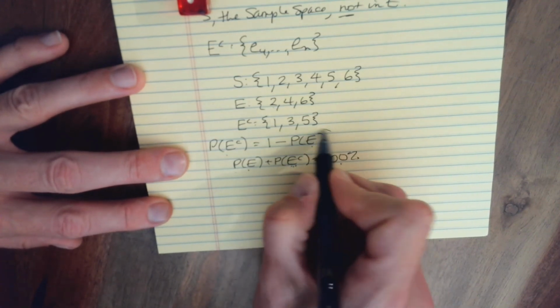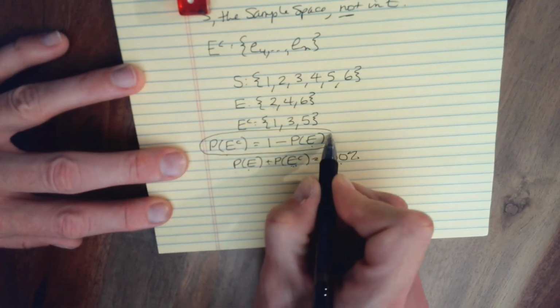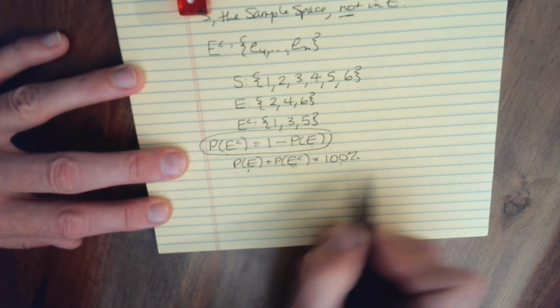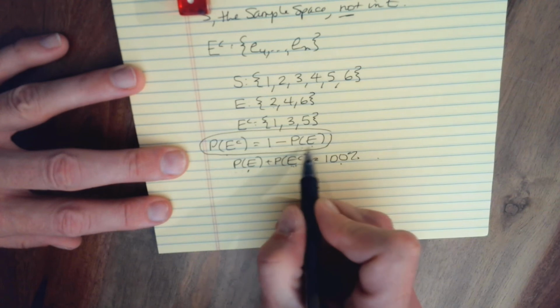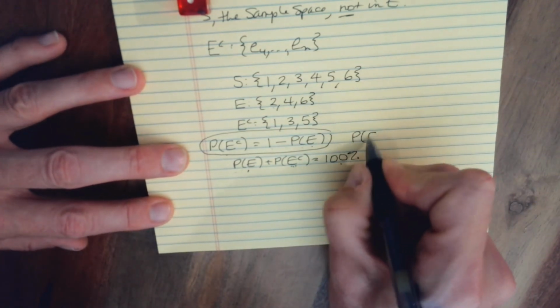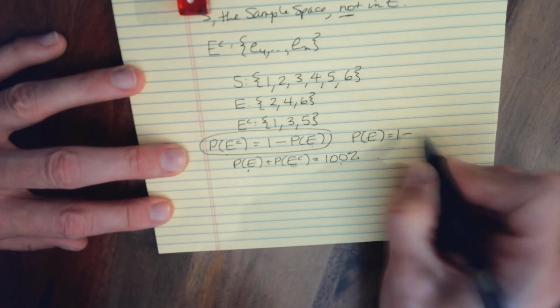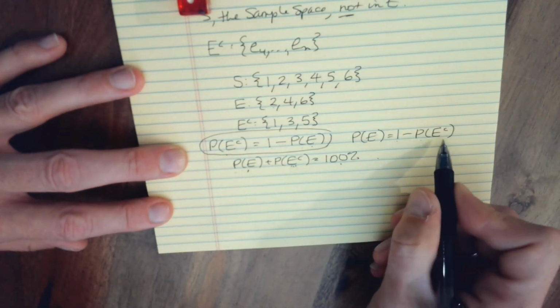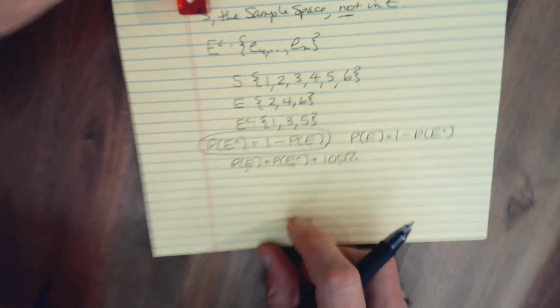The way that I've written here, I've just subtracted this term to the other side to get 1 minus the probability of E. Of course, you could also write this in terms of the probability of E, and that would be 1 minus the probability of E's complement, 1 minus the probability that it doesn't happen. For many people, this is intuitive.